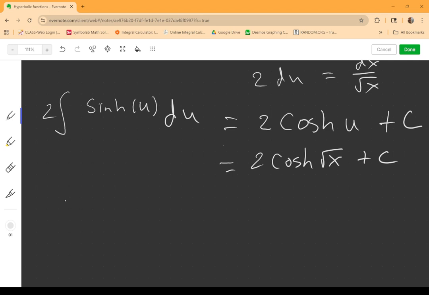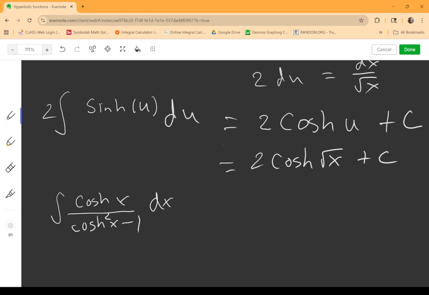Let's do one more. So now here, we'll do the integral of cosh of x over cosh squared x minus 1 dx. All right, so when I see this right away, I think, all right, there is some kind of a hyperbolic identity for the hyperbolic cosine. In particular, the squared, right?